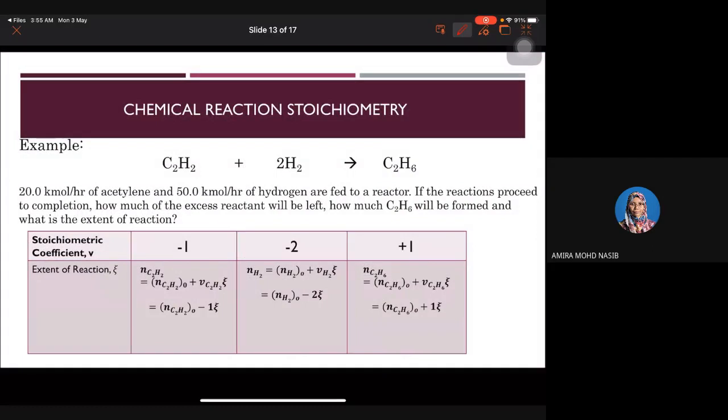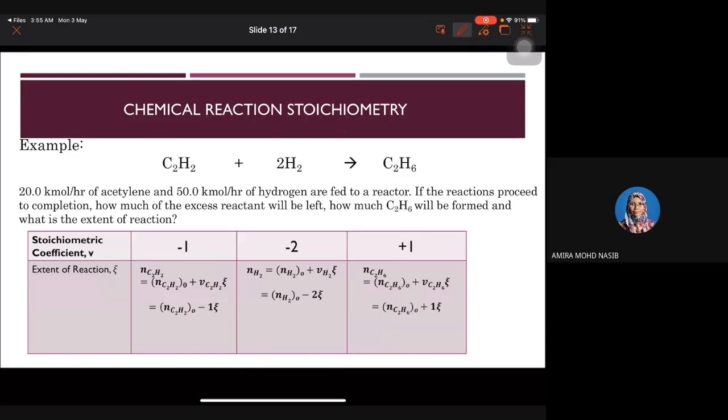Alright, so we learned how you are going to use that equation, the extent of reaction. Okay, the same example, which is acetylene plus 2 hydrogen equal to C2H6.